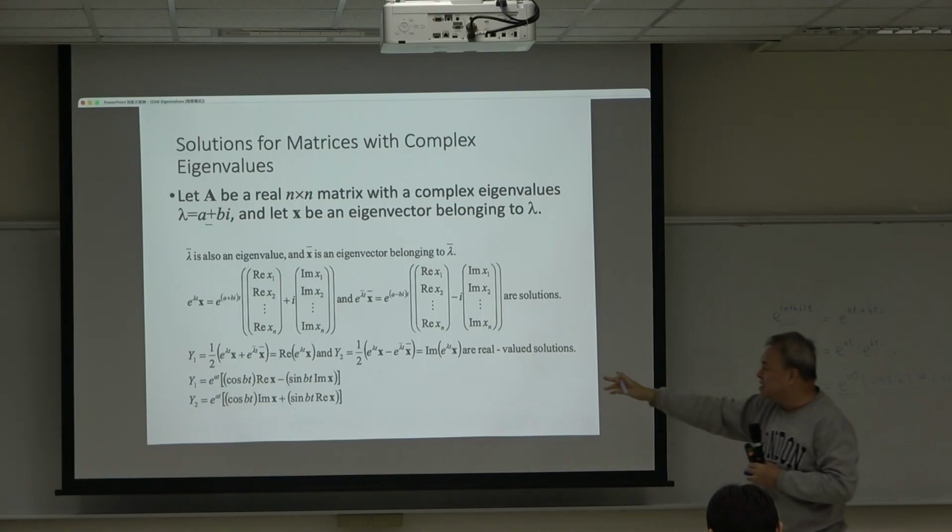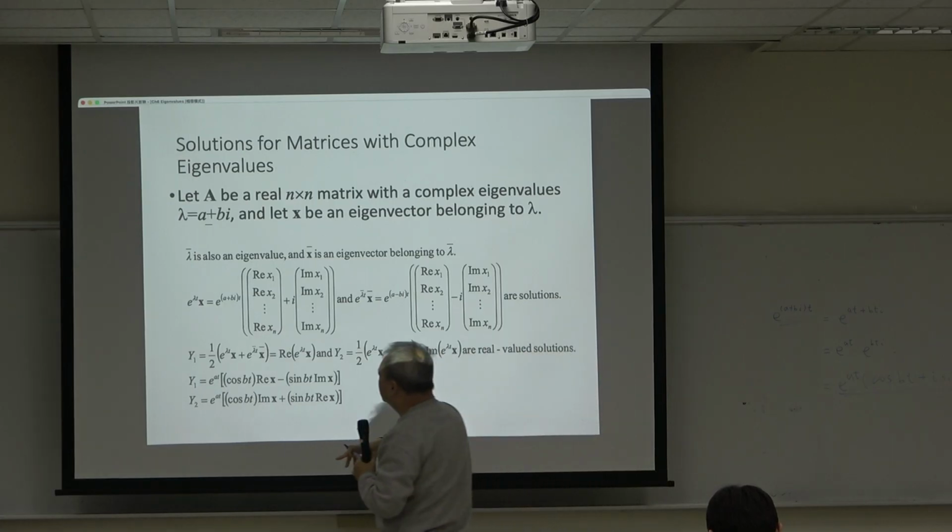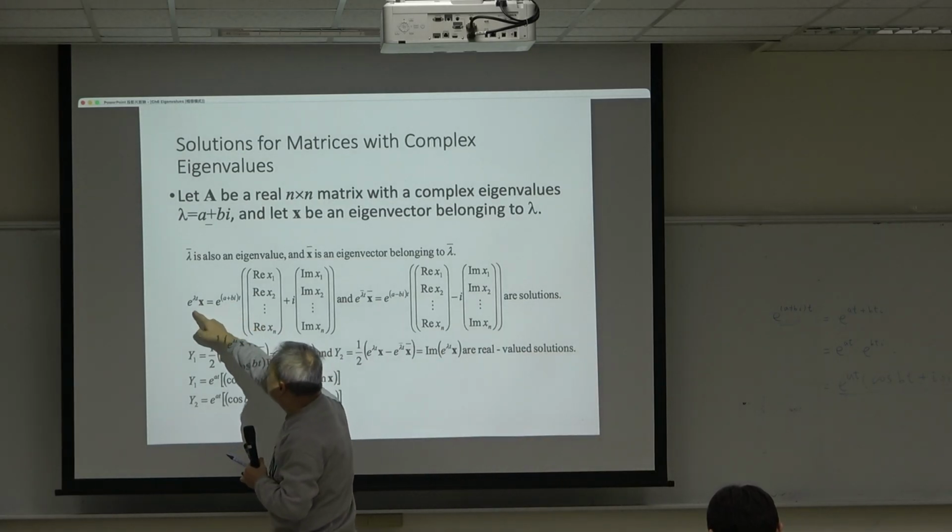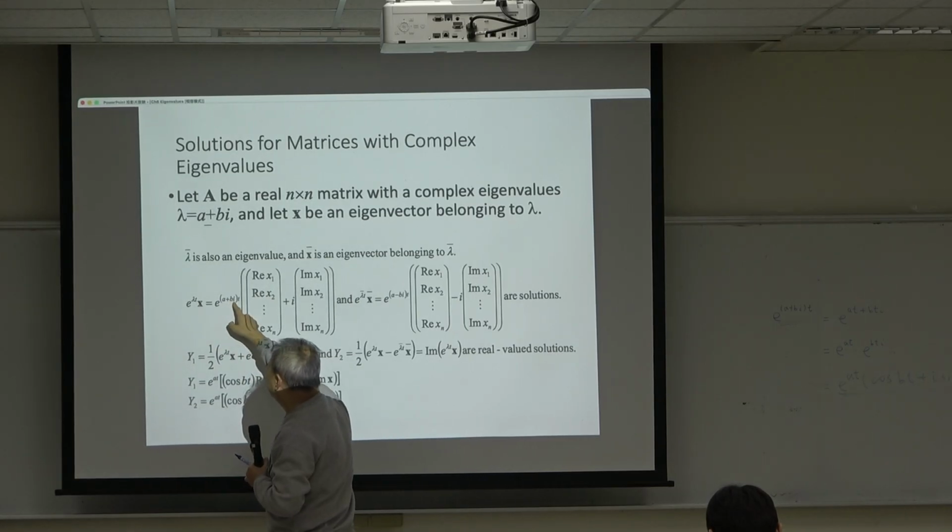So consider this thing: e to the power of lambda t, or e to the power of a plus bi t, times this thing.